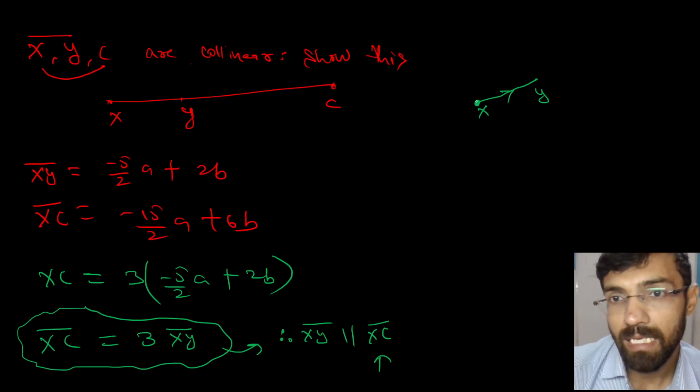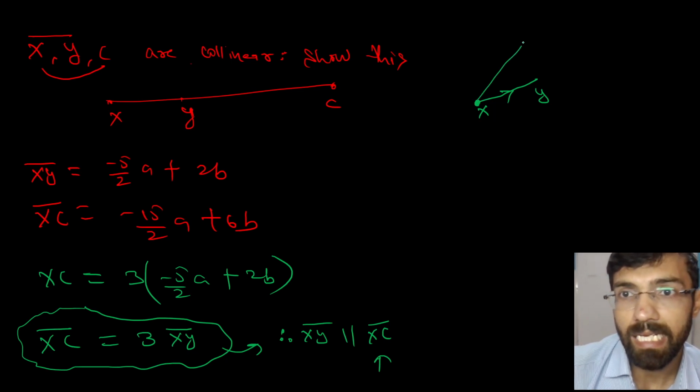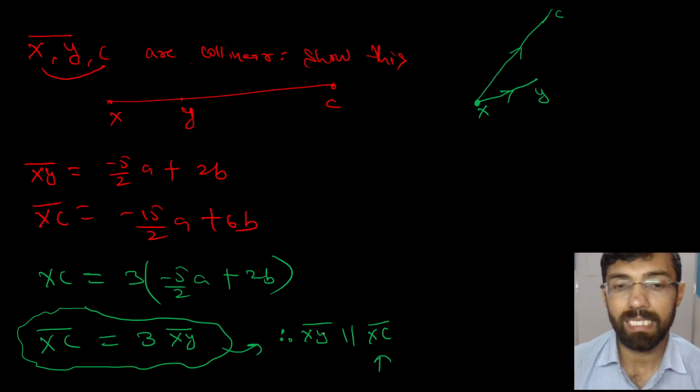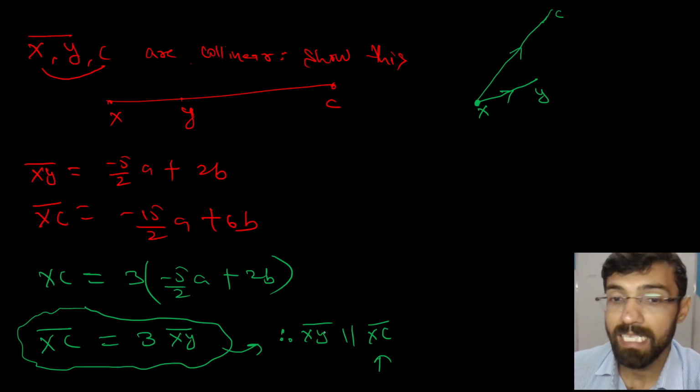Can I represent it this way, with triple the length? No, because although the XC vector is triple the XY vector lengthwise, the other condition is not satisfied: XY is parallel to XC.